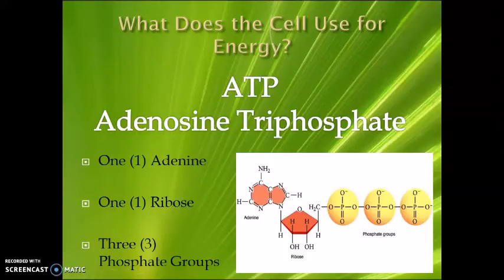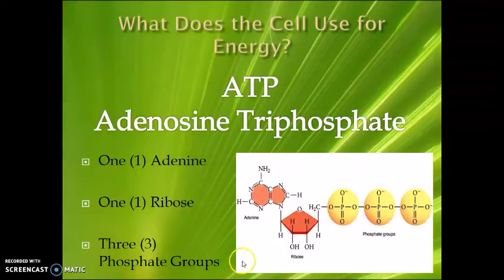So let's remind ourselves, what does the cell use for energy? And we've been briefly introduced to this chemical, ATP. Its big name is adenosine triphosphate, but it is always referred to as ATP.